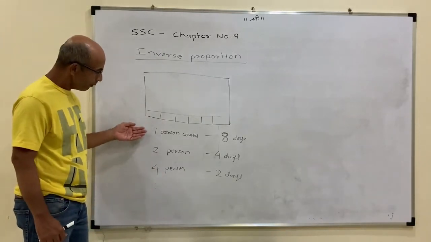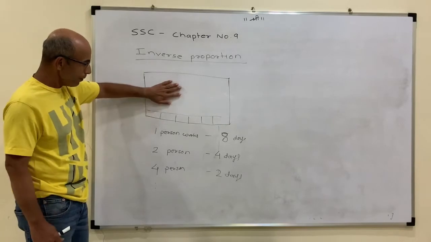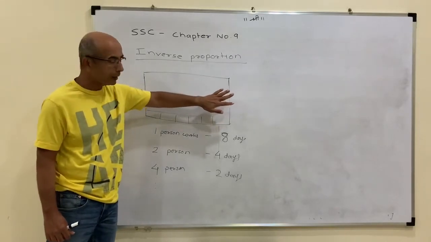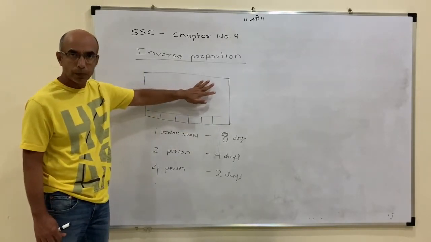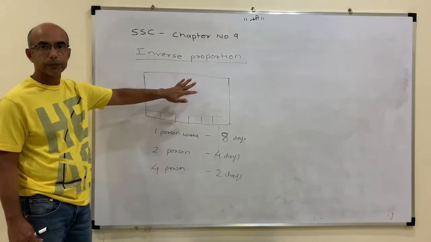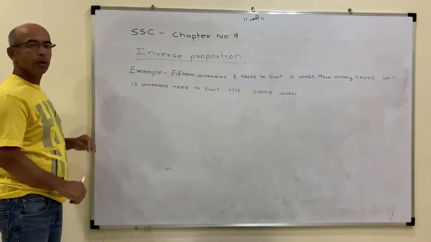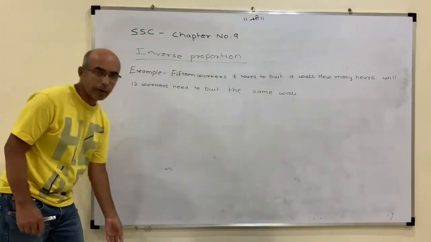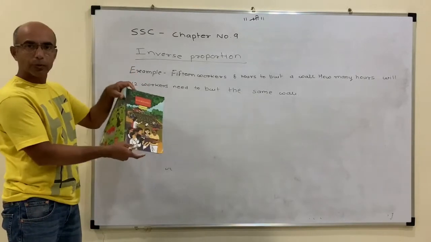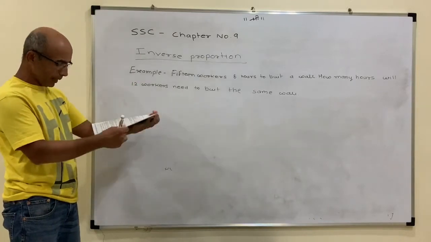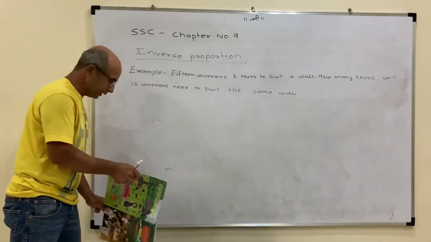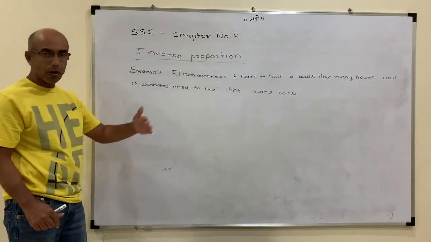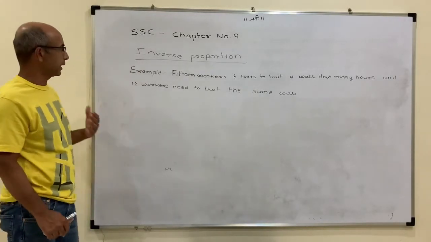So the number of people working on this job and the time required are inversely proportionate. Now, I am taking this example from your textbook only. This is the textbook I am using, and on page number 65, this example is given. I will be covering all the examples plus the exercises.